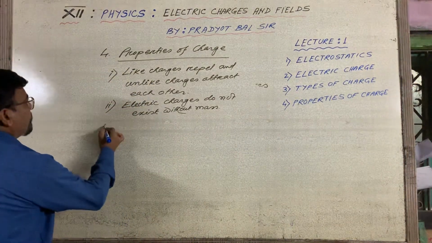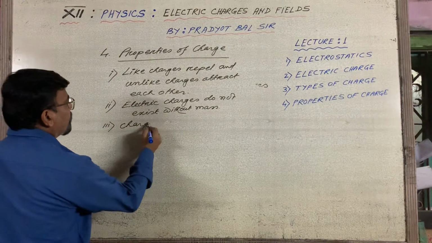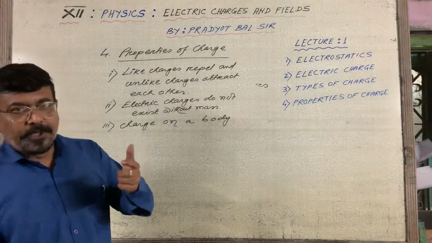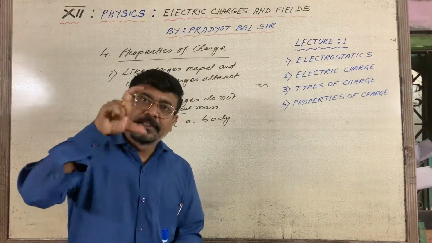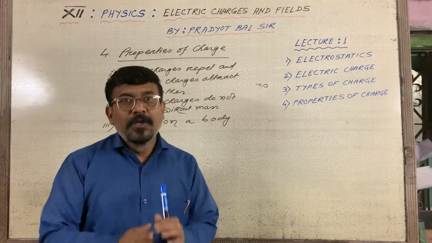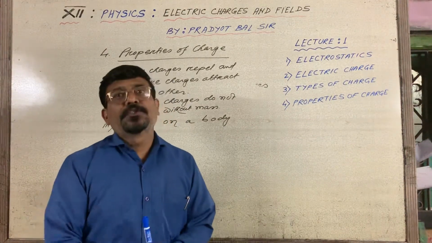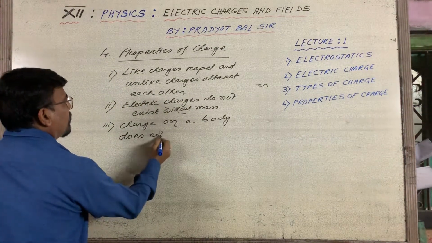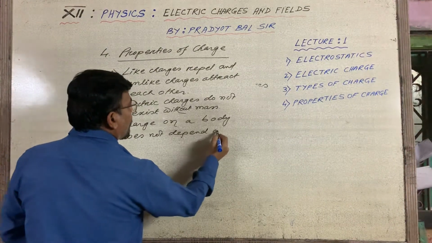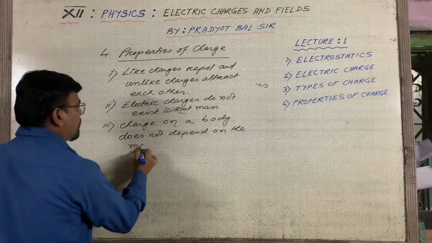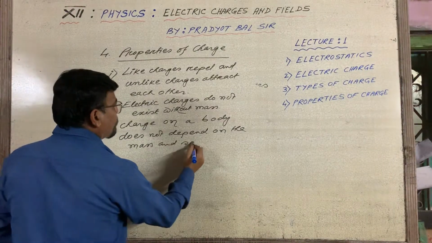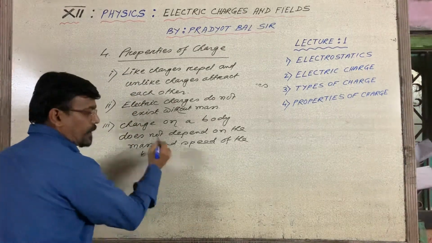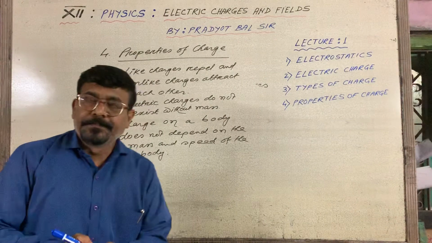Number 3: charge on a body. If you take any body, then the charge on that particular body does not depend on the mass and the speed of the body.